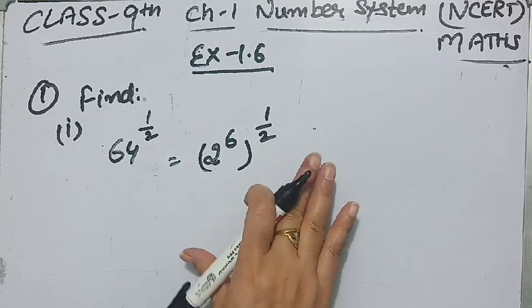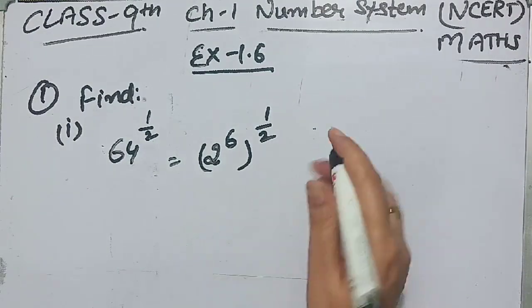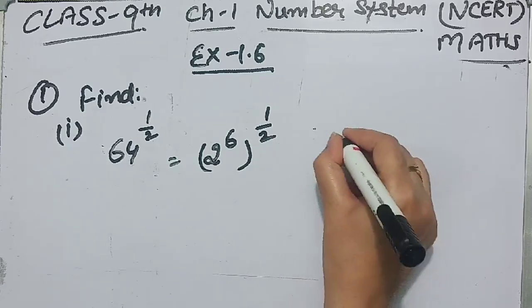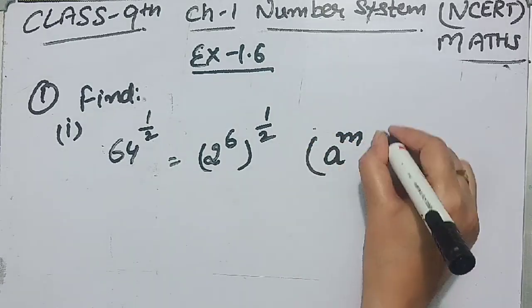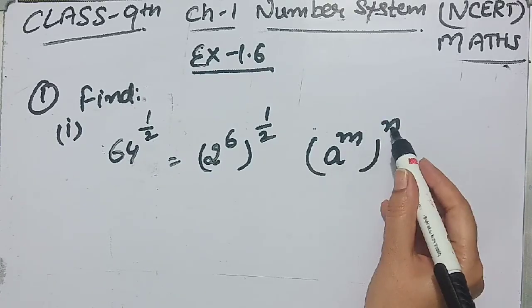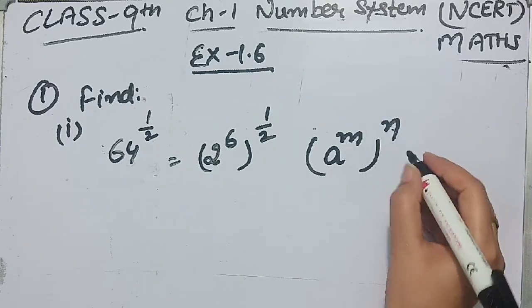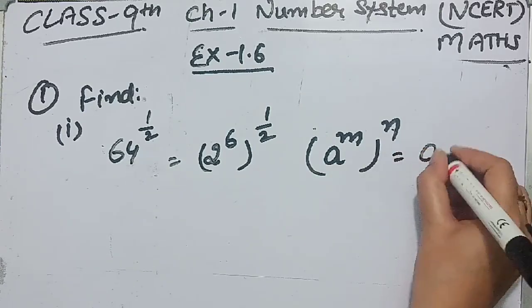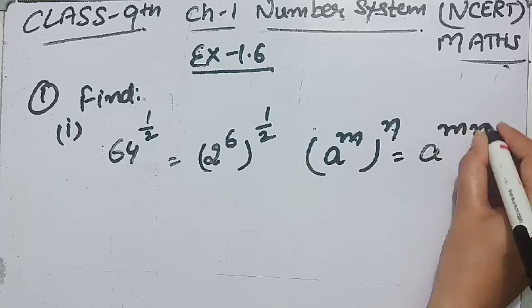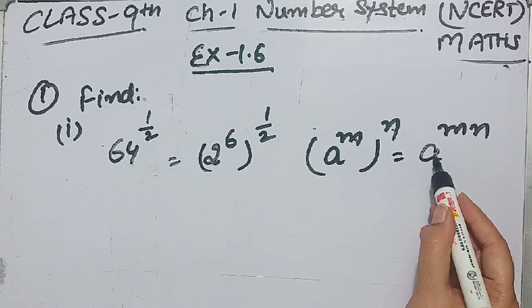In this question we will follow some identities that I will write with the questions. Now a power m raising to power n. When a number contains 2 powers or 3 powers, then the powers are multiplied, means m and n will be multiplied and the base will be the same.